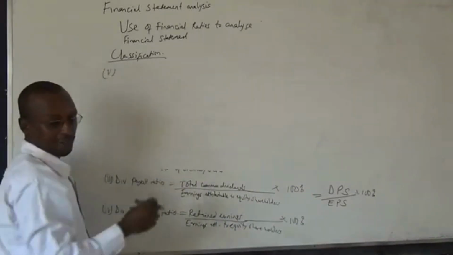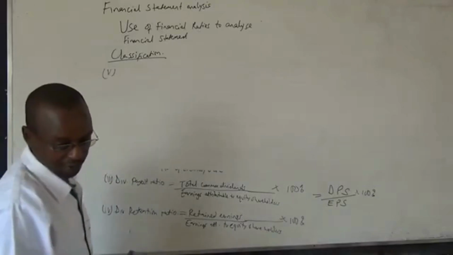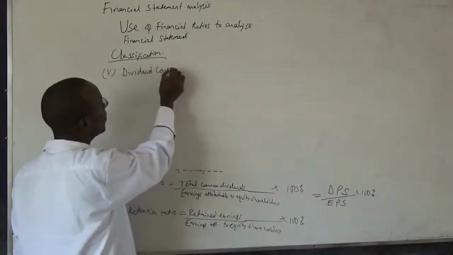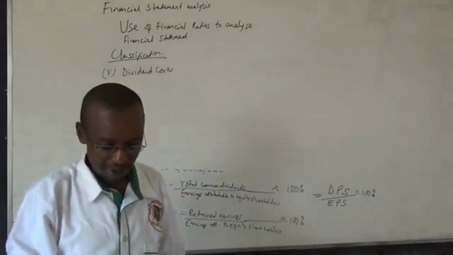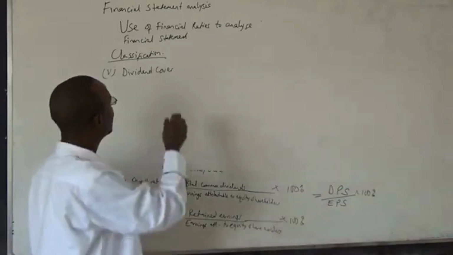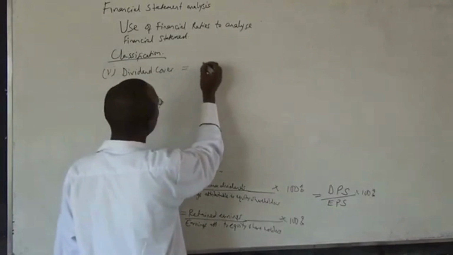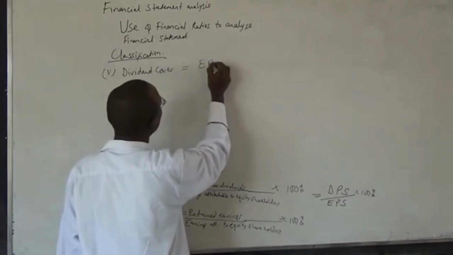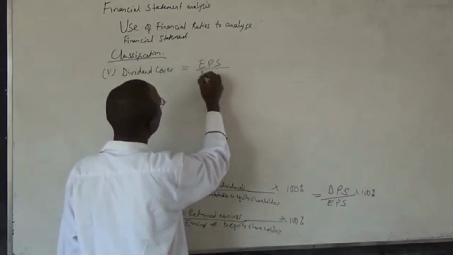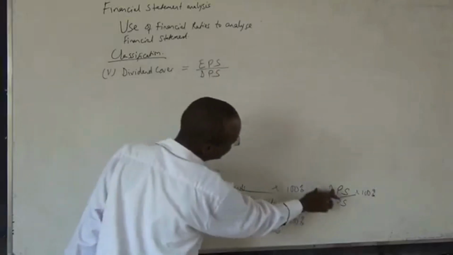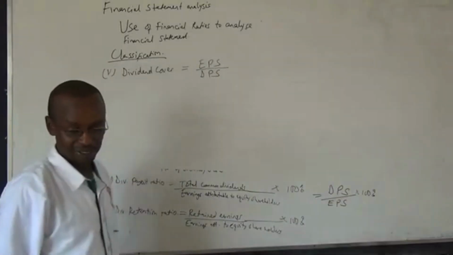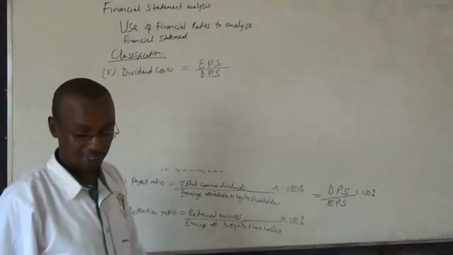Fifth, we have dividend cover. Dividend cover is given by earnings per share over dividends per share.